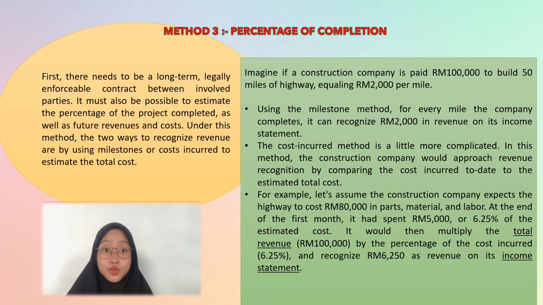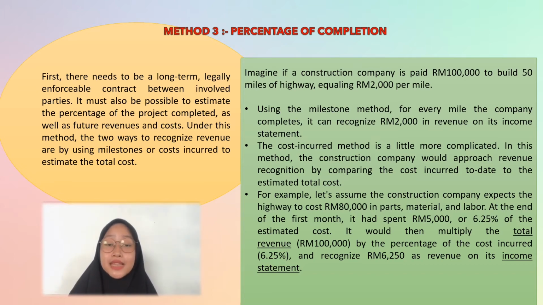We go through to the next method, which is percentage of completion. First, there needs to be a long-term, legally enforceable contract between the involved parties. It must also be possible to estimate the percentage of the project complete as well as future revenues and costs.